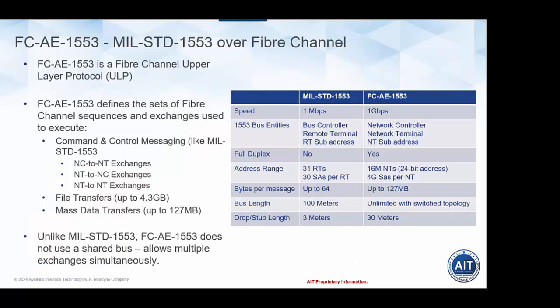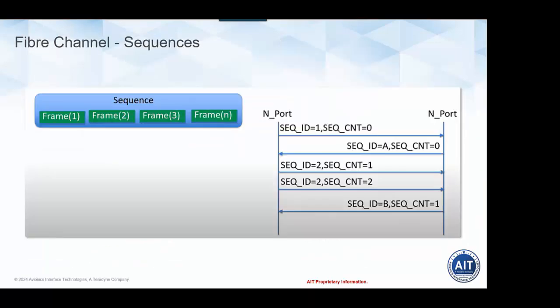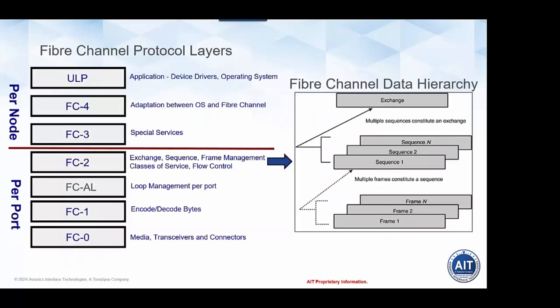Okay, we'll start talking a little bit about FCAE 1553, or MIL-STD-1553 over Fibre Channel, next. So we've laid the groundwork for the base protocol, which is Fibre Channel. HS1760 utilizes 1553 over Fibre Channel, so we'll talk about FCAE 1553 next. FCAE 1553 is an upper layer protocol, so it lives in the protocol stack up here.